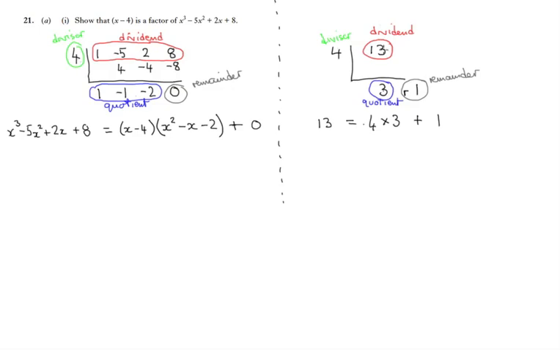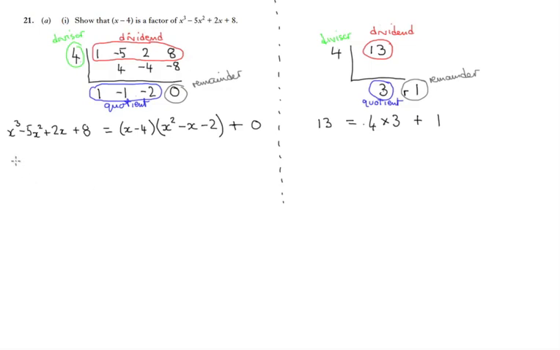So 13 divided by 4 goes 3 times, remainder 1. X cubed minus 5x squared plus 2x plus 8 divided by x minus 4 goes x squared minus x minus 2 times with a remainder of 0. Now for this question we're asked to show that this is a factor.